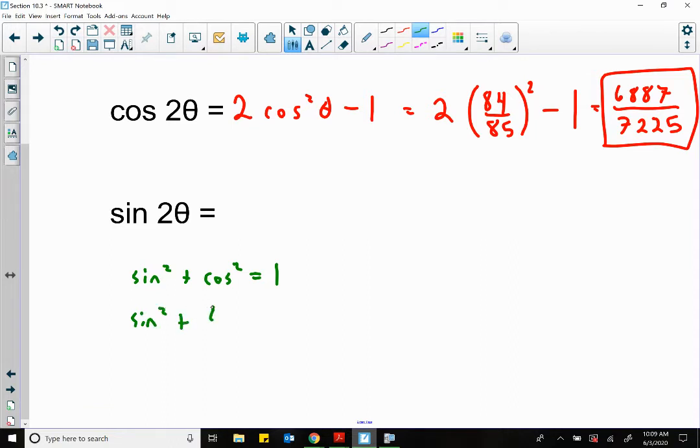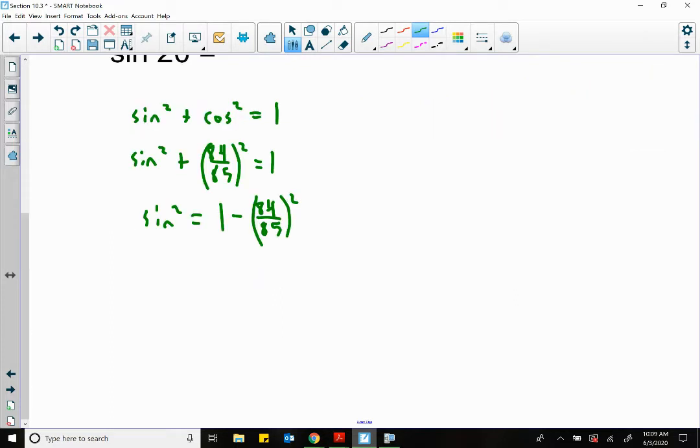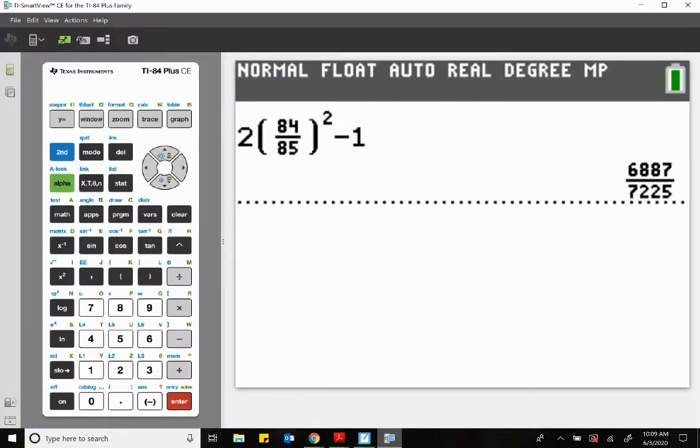So 84 over 85 squared, and sine squared is going to be equal to 1 minus 84 over 85 squared. So let's figure out what that fraction is. We come right in here: 1 minus parenthesis 84 over 85, scroll out to the side, and that is squared.